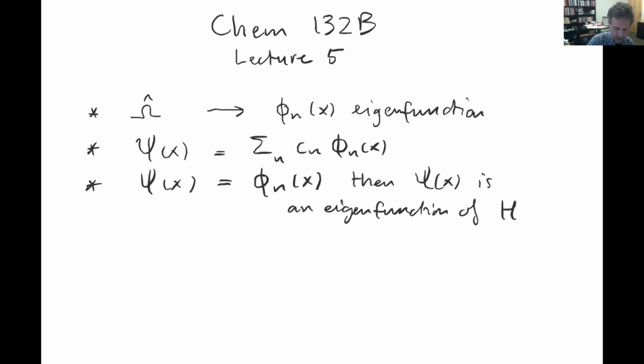And that is H with a little hat, right? This is probably stating the obvious, but it's important to realize psi is the wave function of the particle. Phi is an eigenfunction of the Hamiltonian in this case, because we're considering the operator to be the Hamiltonian in this example. So if the wave function is equal to one of the eigenfunctions of the Hamiltonian, of course, then it is an eigenfunction of the Hamiltonian.